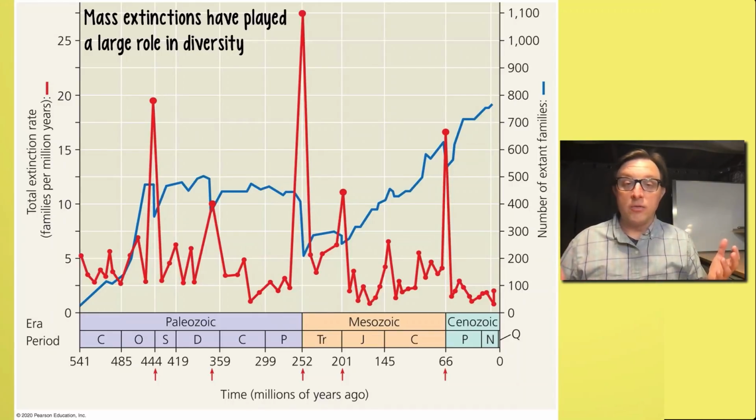And you see the extinction rate went way up, and the blue line there, the number of surviving families, you see how rapid a fall that takes.